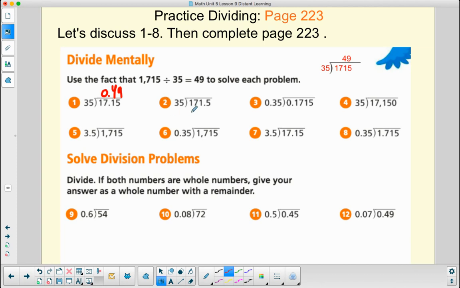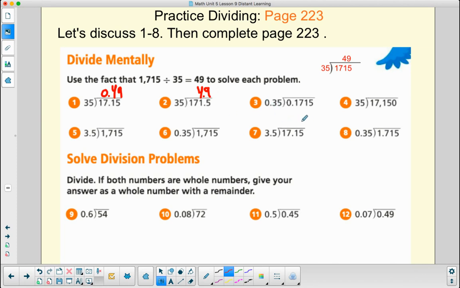Number 2, again, I'm dividing by 35, so I don't have a decimal in my divisor. It doesn't matter if I have it in my quotient or in my dividend. I can bring up my decimal, and again, think of 1,715 divided by 35 is 49 with my 4 in the ones and my 9 in the tenths.